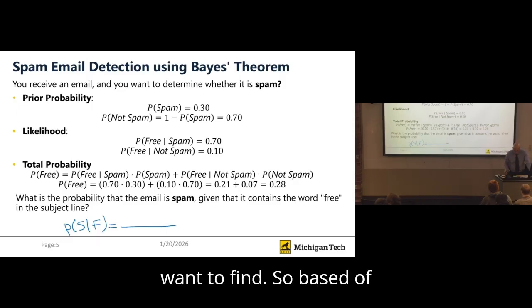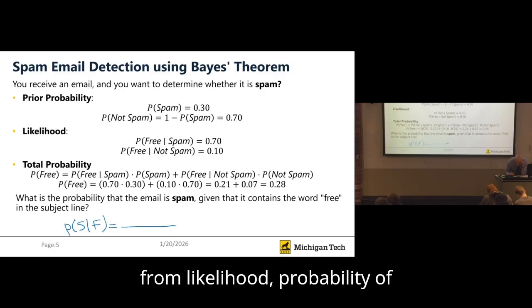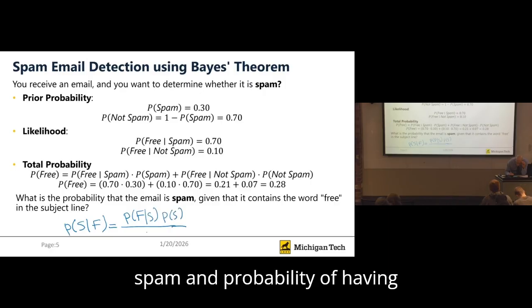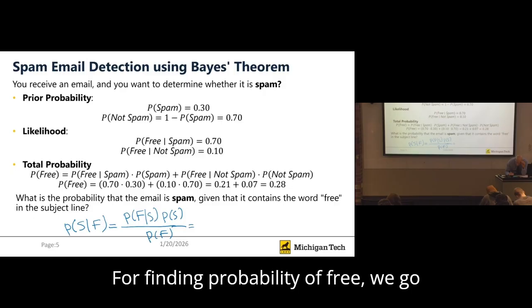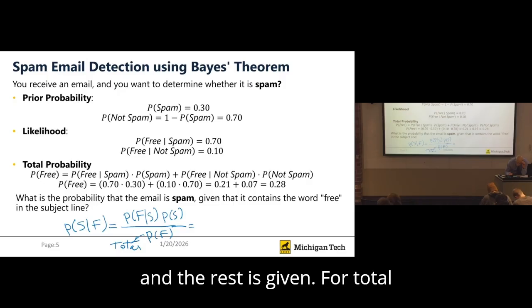Based on this formula, it comes from the likelihood, the probability of free given a spam, the probability of spam, and the probability of having free. For finding the probability of free, we use the total theorem, and the rest is given.